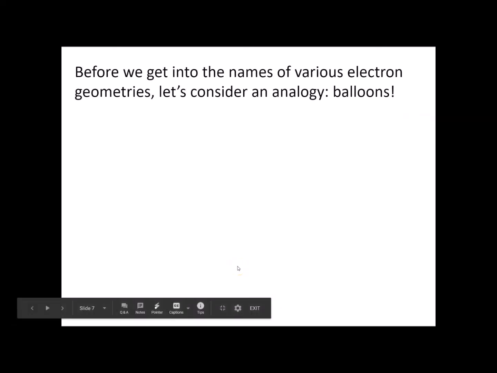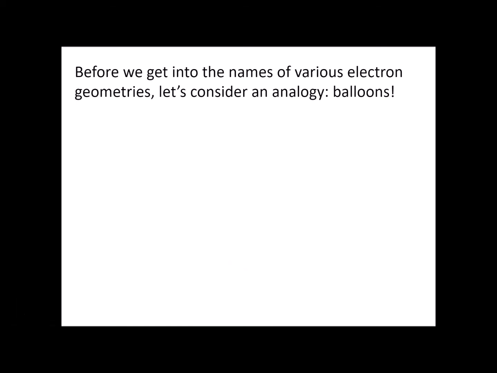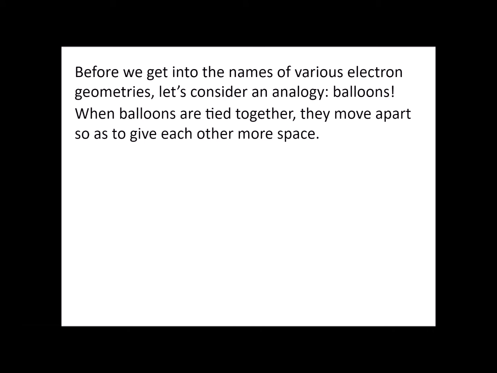Okay, let's consider a little analogy. Let's say I've got balloons and they're tied together and they're just normal round balloons. I'm not looking at the long skinny balloons, just normal round balloons. When balloons are tied together, they behave in such a way that they move apart.